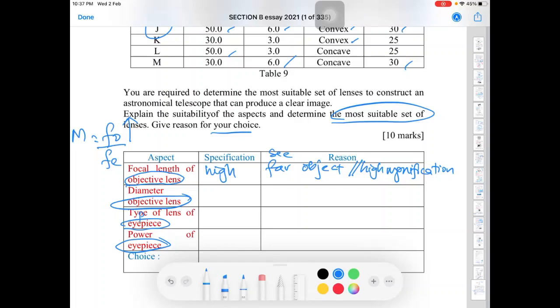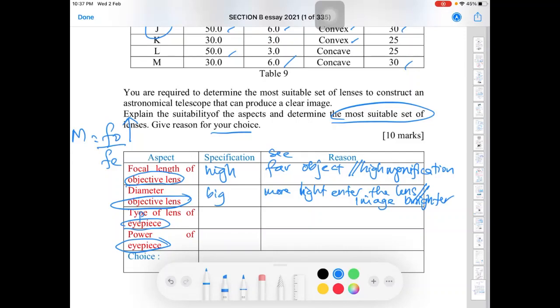Alright, diameter of objective lens, of course lah you know big diameter because you know more light can enter the lens. So bila banyak light masuk, then you akan dapat image yang brighter. Okay, alright. Type of eyepiece.